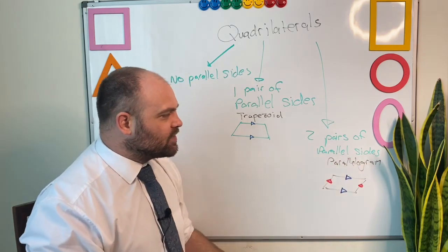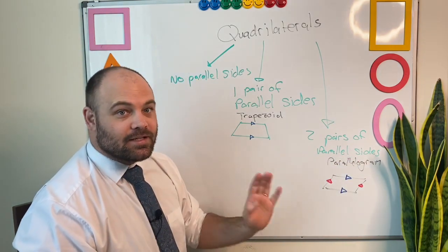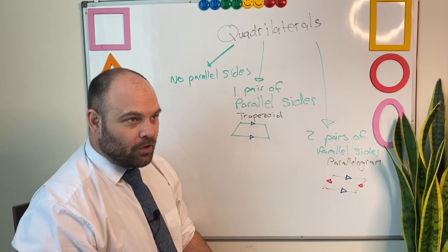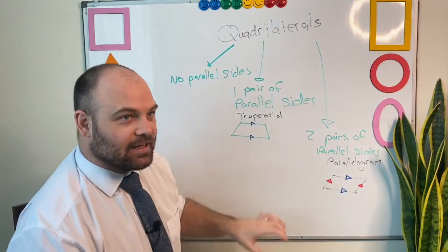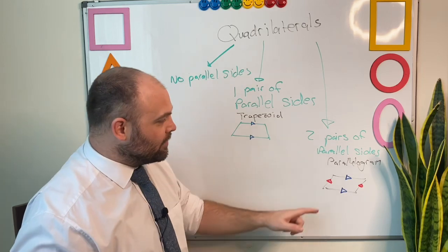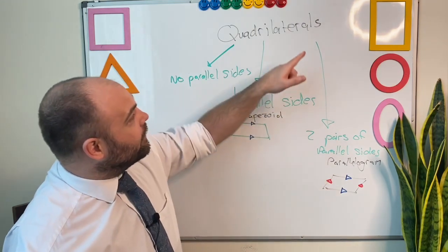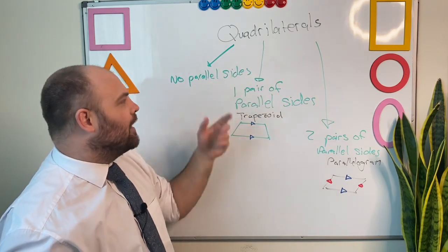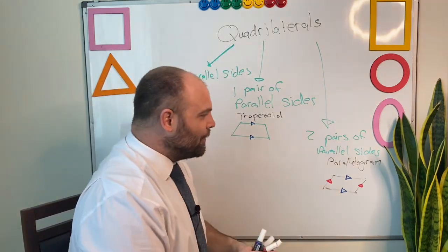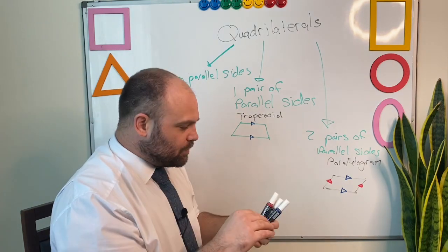If it's got two pairs of parallel sides, then it is a parallelogram. Okay, so we start off with one broad category, and we have then got slightly smaller categories. This means that every parallelogram is a quadrilateral, every trapezoid is a quadrilateral, and every quadrilateral is a quadrilateral. But now we've got even more specific ones.